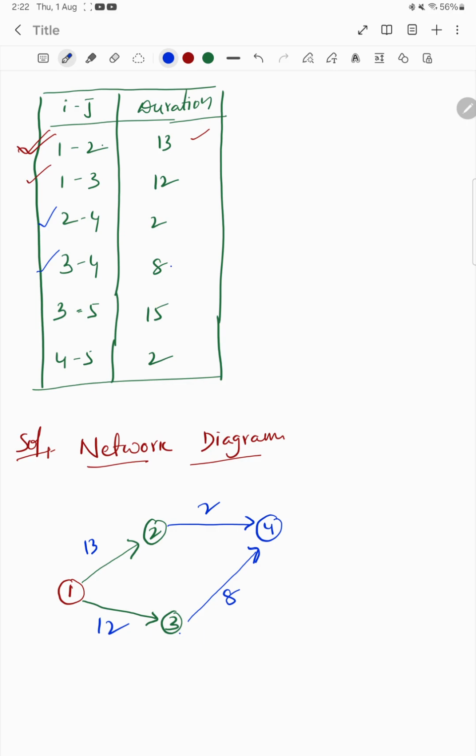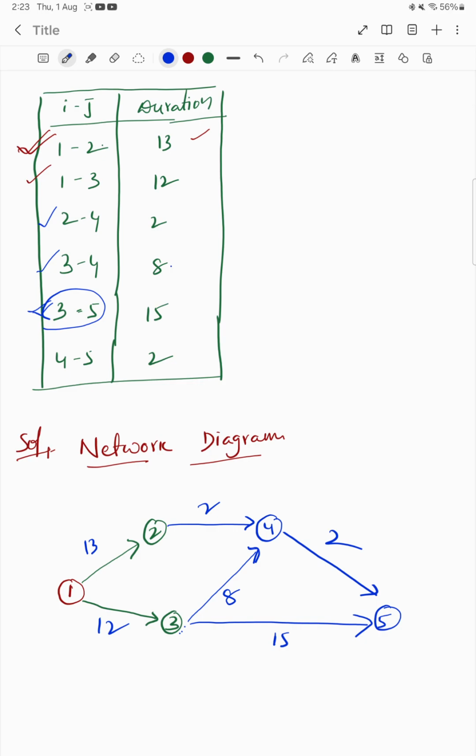Next is 3 to 5, where 3 is the starting point and 5 is the ending point, and the duration is 15. Next is 4 to 5, and the duration is 2. So this is the network diagram.